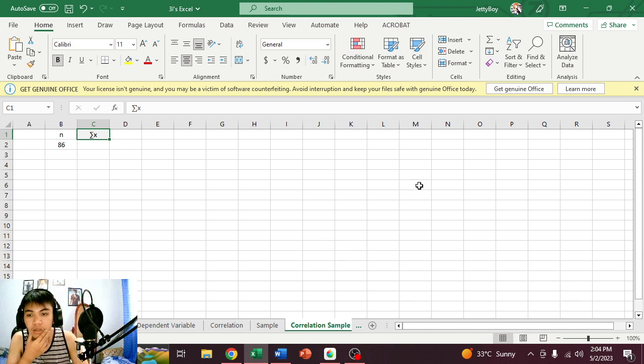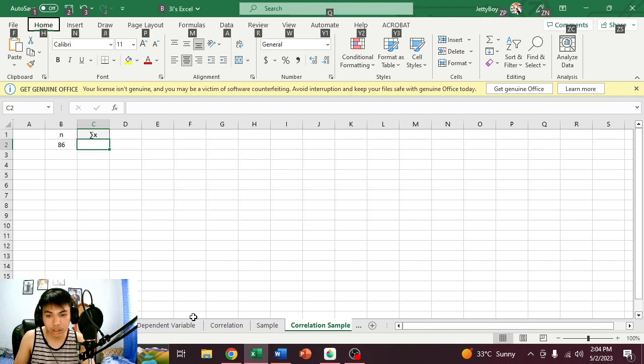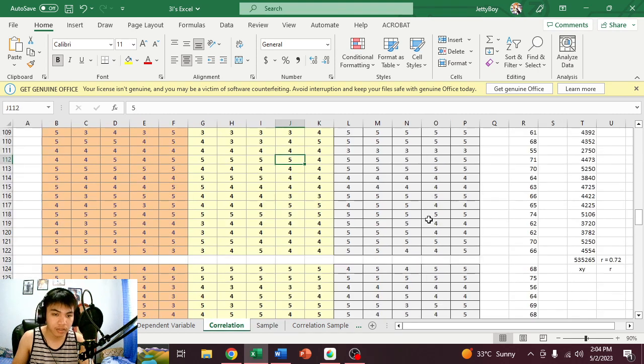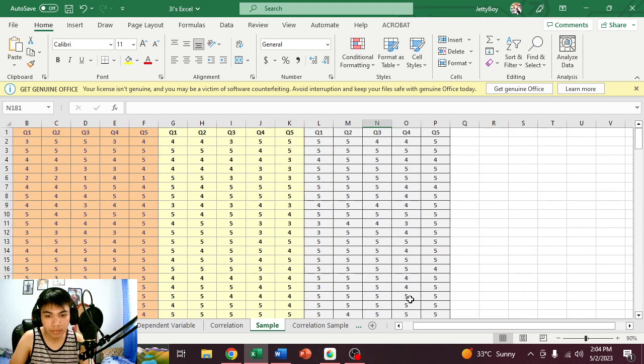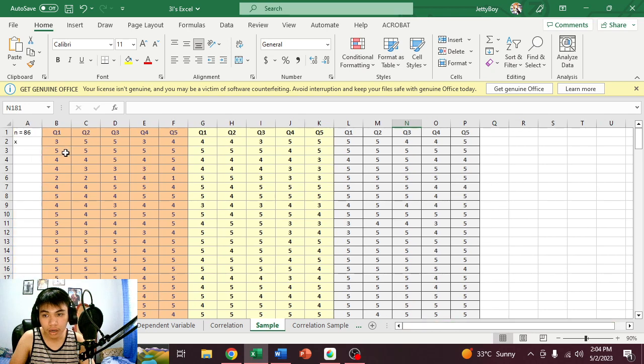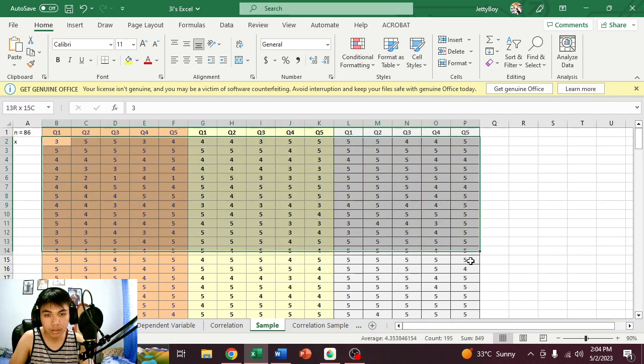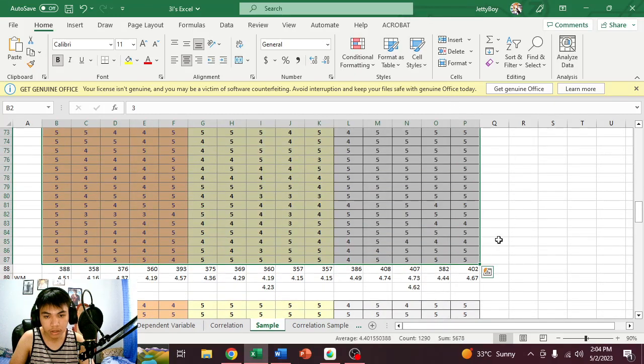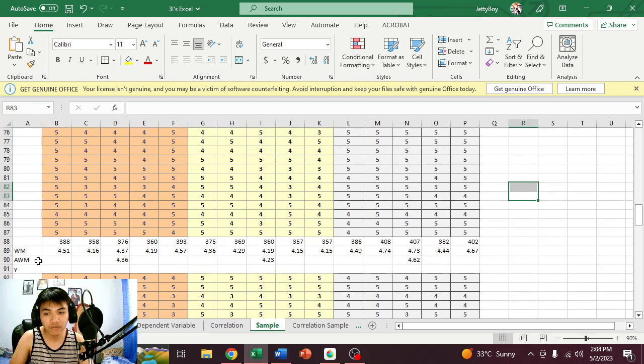Okay, so to get the summation of x, what we need to do is basically add all the values of x, meaning all of this. Okay. So we actually have the summed values here already. We can just get the sum of those to get the summation of x.